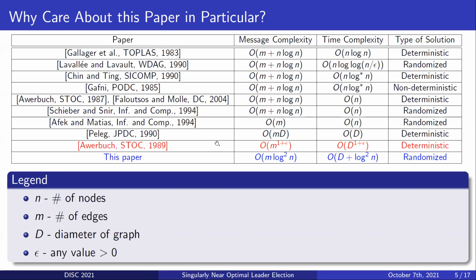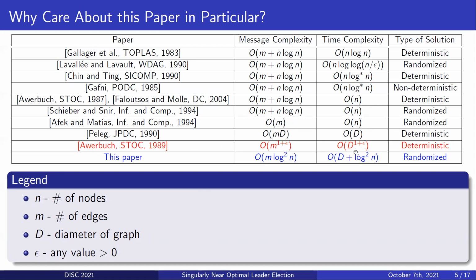So for example, Peleg's result from 1990, O of D time complexity, but O of MD message complexity. The closest that any paper came to optimizing both parameters simultaneously was Awerbuch's paper from STOC '89, where he has an m power 1 plus epsilon message complexity and d power 1 plus epsilon time complexity, where epsilon is any value greater than 0.